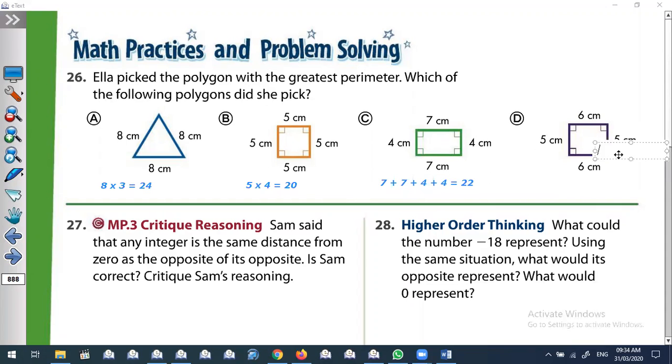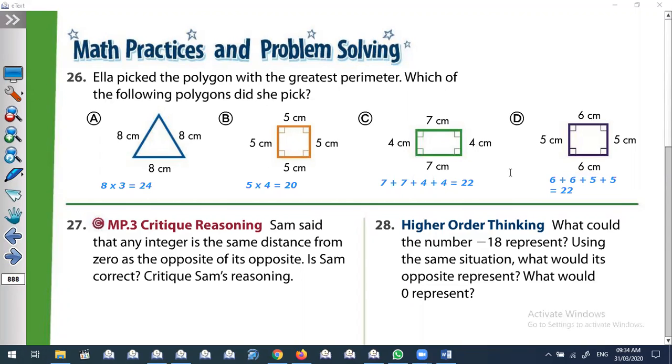The next one: 6 plus 6 plus 5 plus 5. 6 plus 6 is 12, 12 plus 5 is 17, 17 plus 5 is 22.